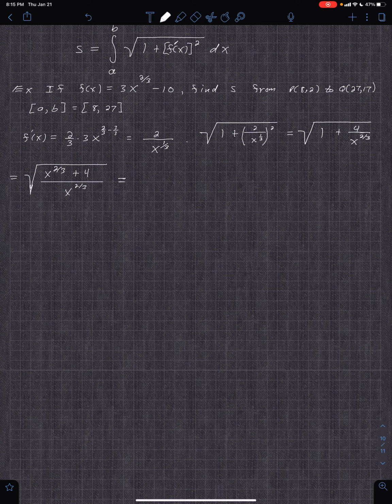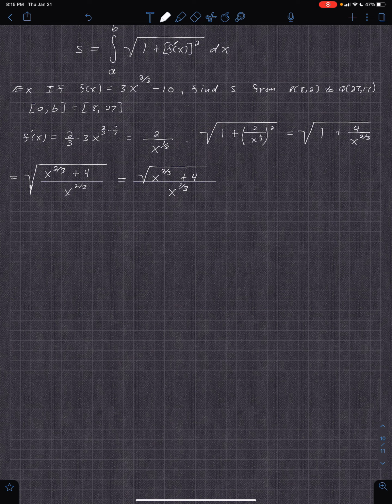So then, square root of the numerator, and that's x to the 2/3 plus 4 all over x to the 1/3.